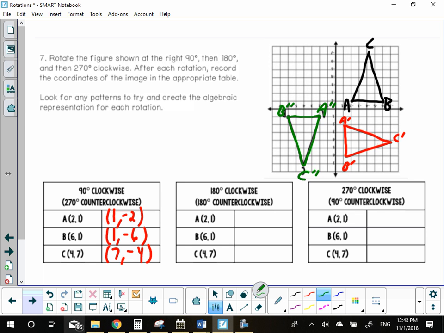Okay, so where's my A at now? Negative 2, negative 1. Where's my B at now? Negative 6, negative 1. And where did my C end up? Negative 4, negative 7.